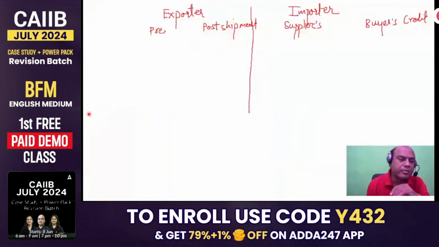So remember, pre-shipment will always be given before the shipment. What do I do before shipping? I'll manufacture the goods. So pre-shipment is always given for manufacturing. Here I'll be requiring labor, raw material, everything, right?